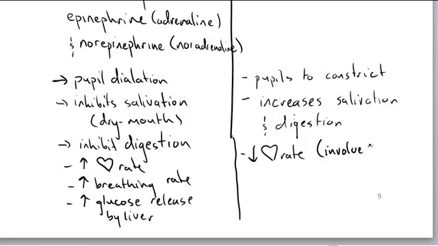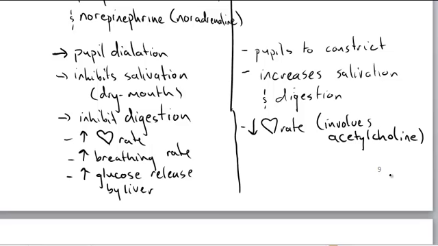Involves acetylcholine, which we'll talk about more when we talk about the chemical signals in our body and our nervous system. Decreases breathing rate. So those are the key effects of your parasympathetic response.